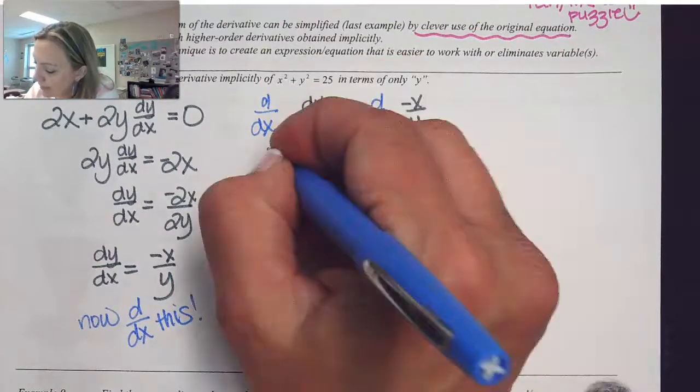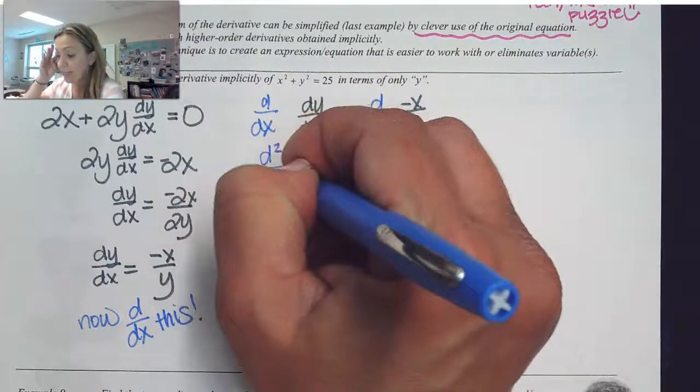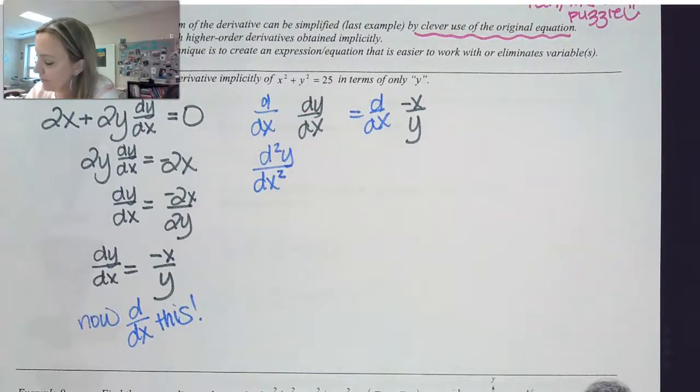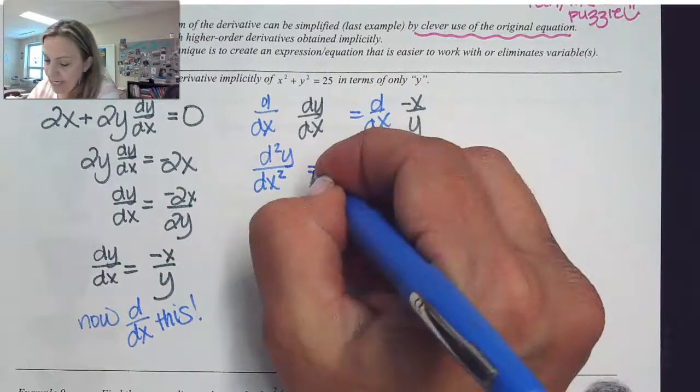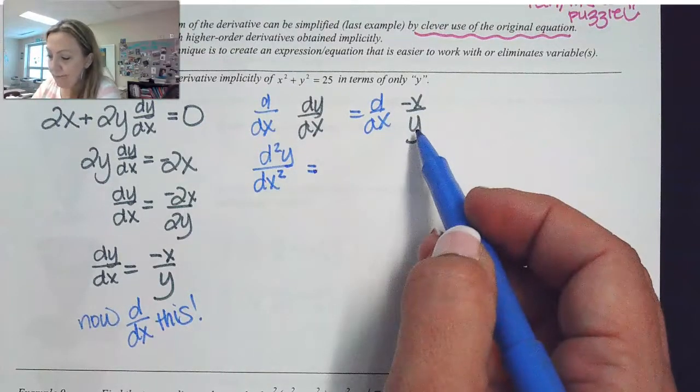So we know that this is the second derivative with respect to x, okay? And we're going to have to use quotient rule here, aren't we?